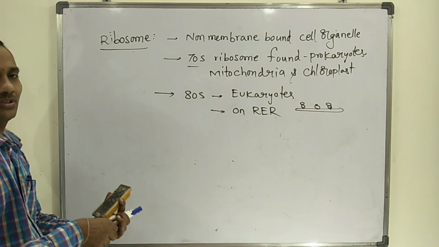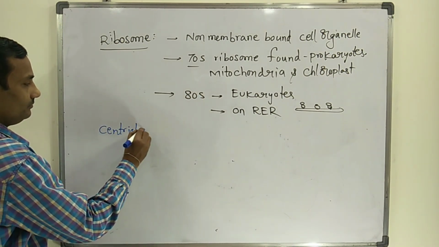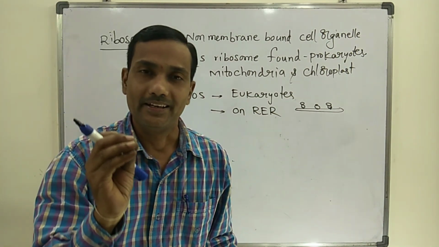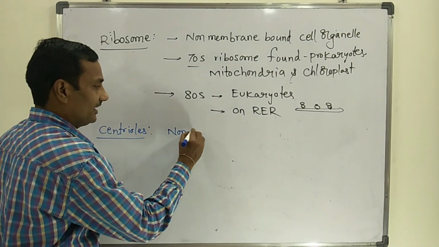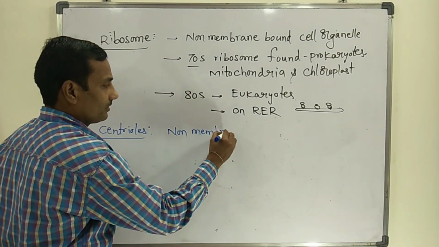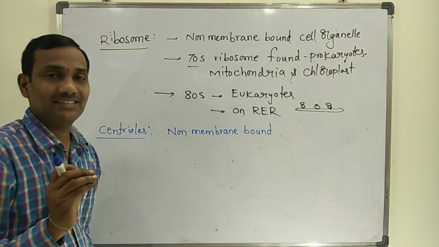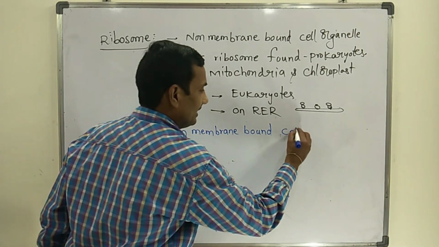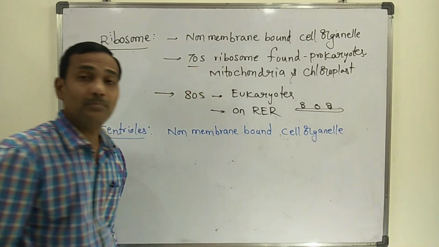Next, one more cell organelle, that is centriole. Centrioles are found in animal cells. These are also non-membrane bound cell organelles, found in animal cells only. We can consider it also a cell organelle, but non-membrane bound.